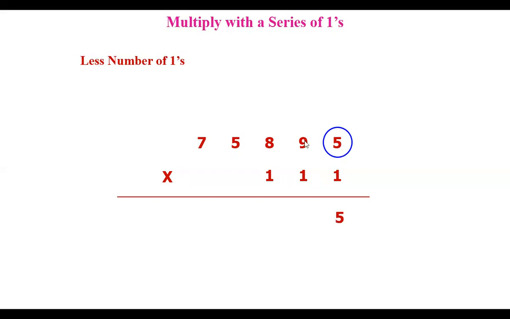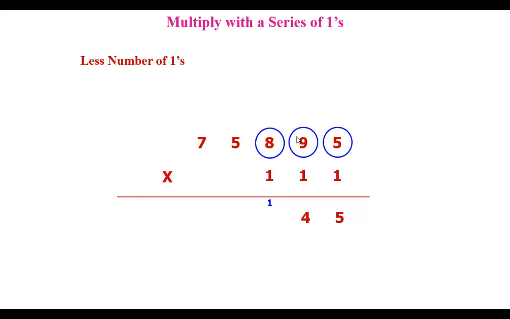Next, 2 numbers, right? 5 plus 9, 14. 4 here in the tens place, 1 in the hundreds place. We have to go up to 3 numbers because we have 3 digits here in this number. We have to go on adding up to a maximum of 3 numbers at the top. That is, 2 is already there, third one.